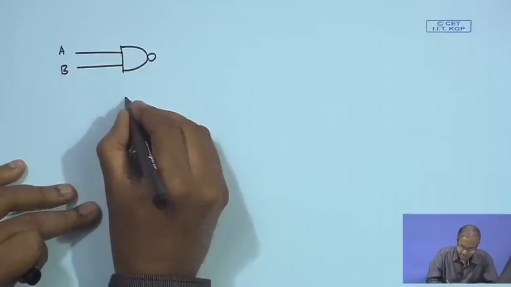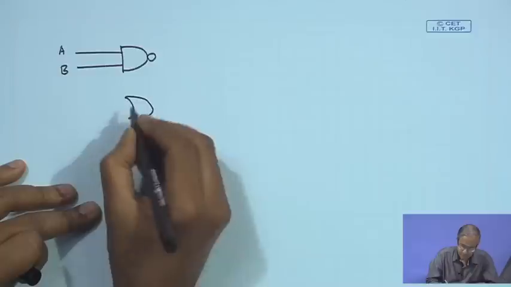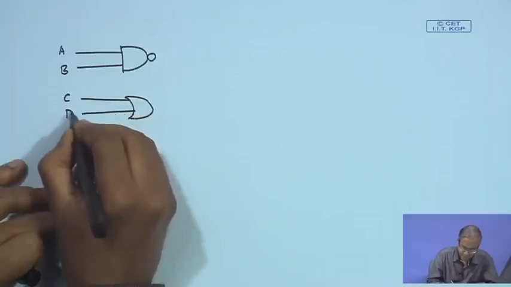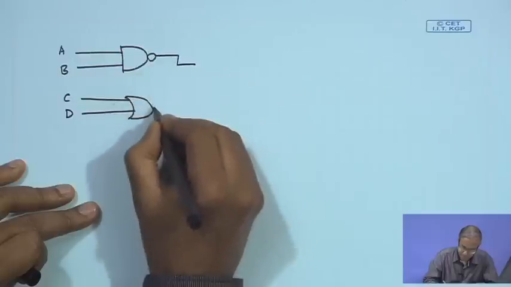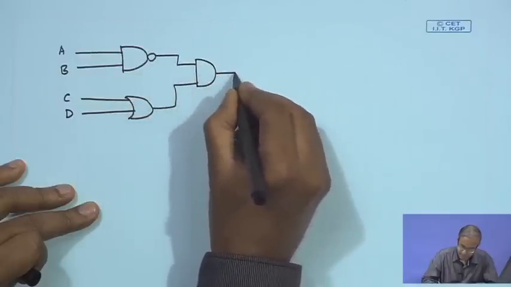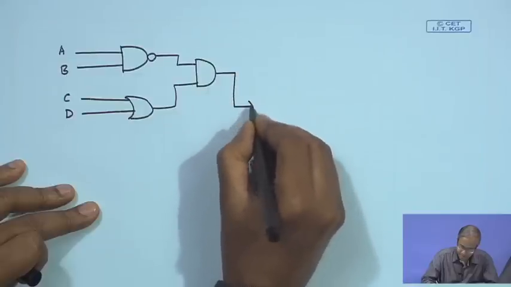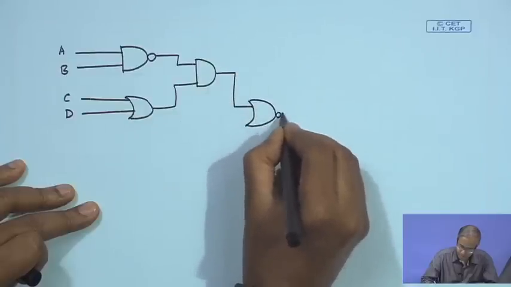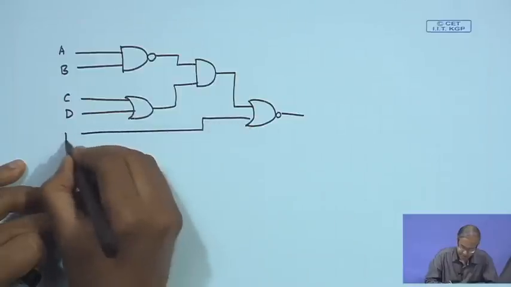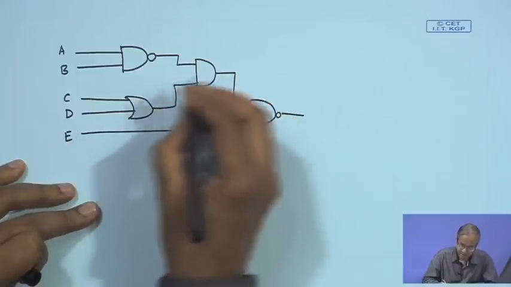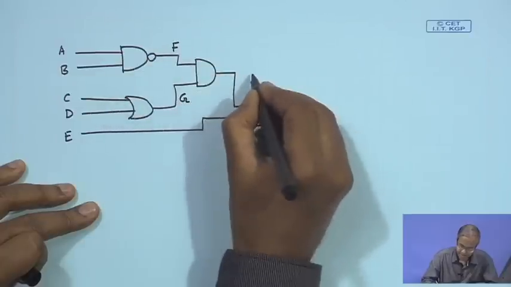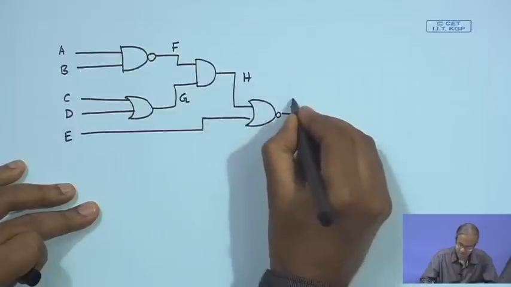Let us say we have a NAND gate, an OR gate, an AND gate and another NOR gate. So, let us say there are 5 inputs A, B, C, D, E. Let us give some names to the lines F, G, H, let us say output is Z.